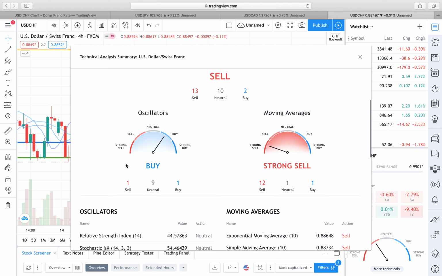And then for the oscillators, one is saying to buy and one is saying to sell, and then nine are still remaining neutral. I don't know really why it leans to the buy. For the other technical analysis that we've looked at, when they're usually tied, they keep it at neutral.